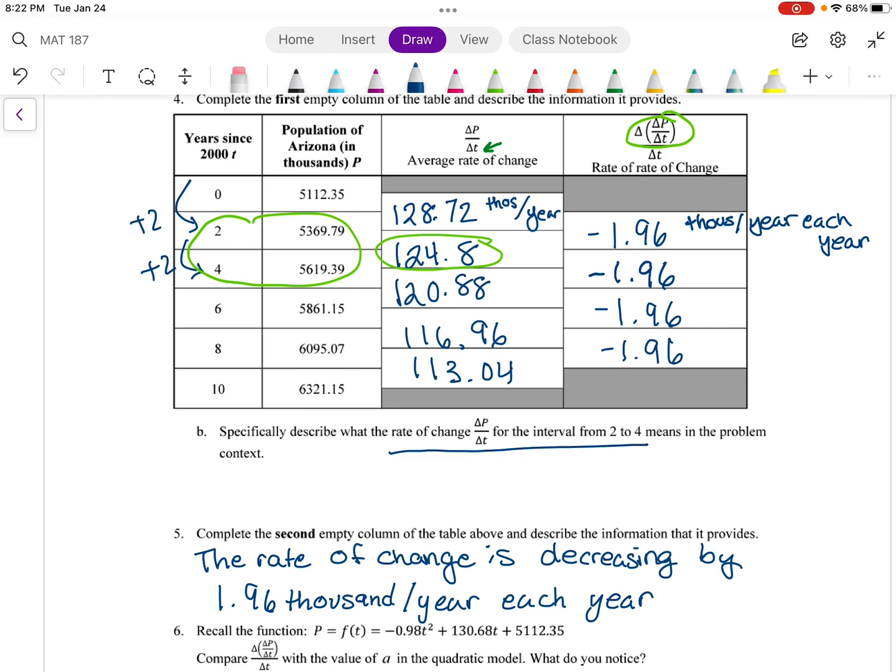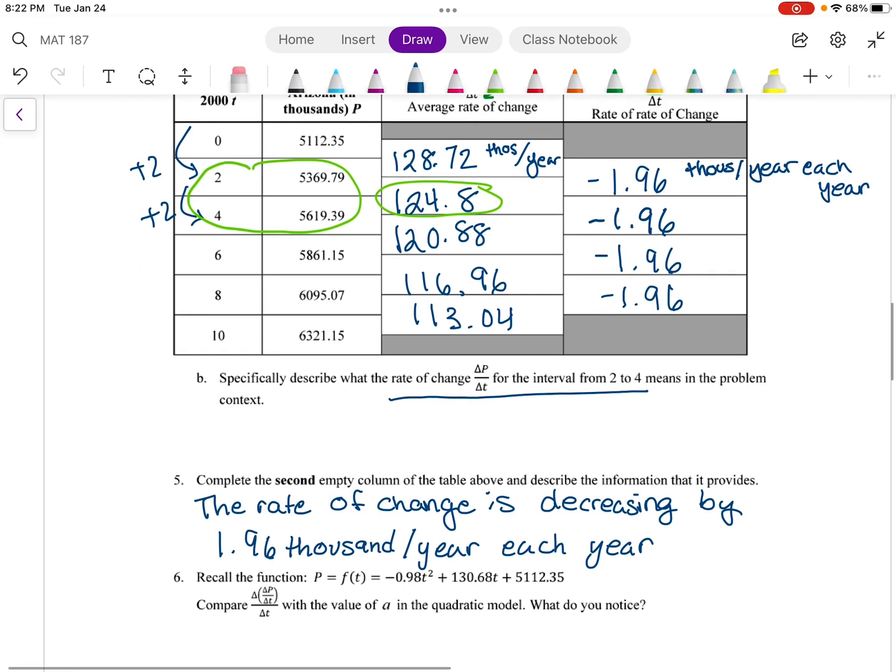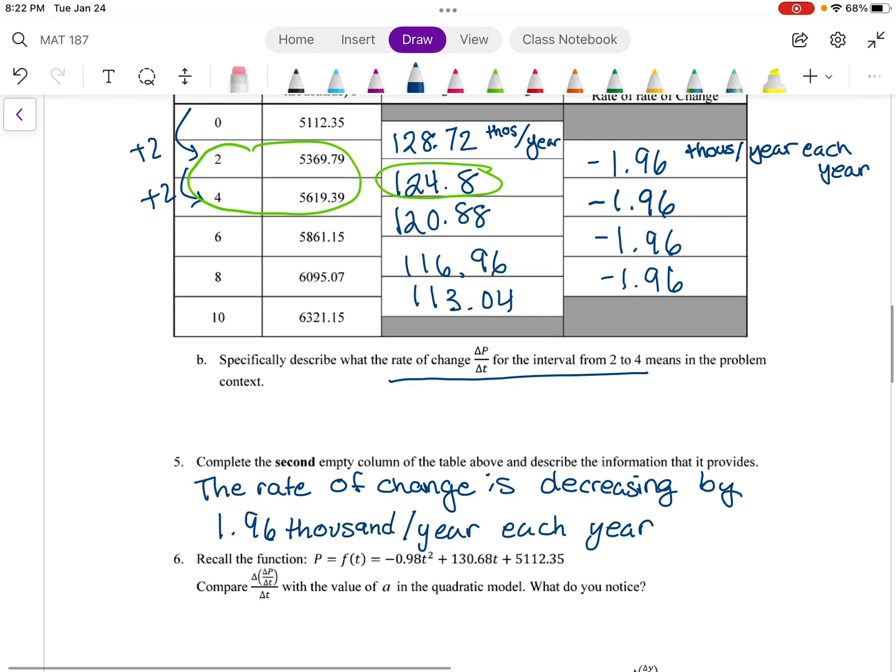So looking at these two things, I could say, okay, my function is increasing, but at a decreasing rate, which we talked about in class.